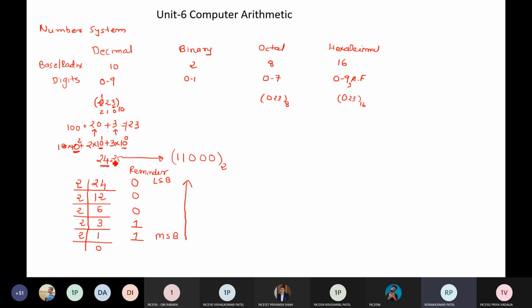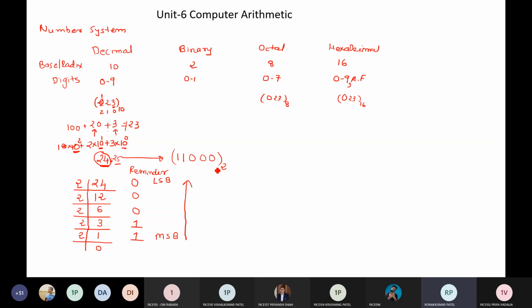When you have a fraction value, at that time you need to separate it: the part before the point is the whole number, and the part after the point is the fraction value. So take the value before the point and follow what we have followed.